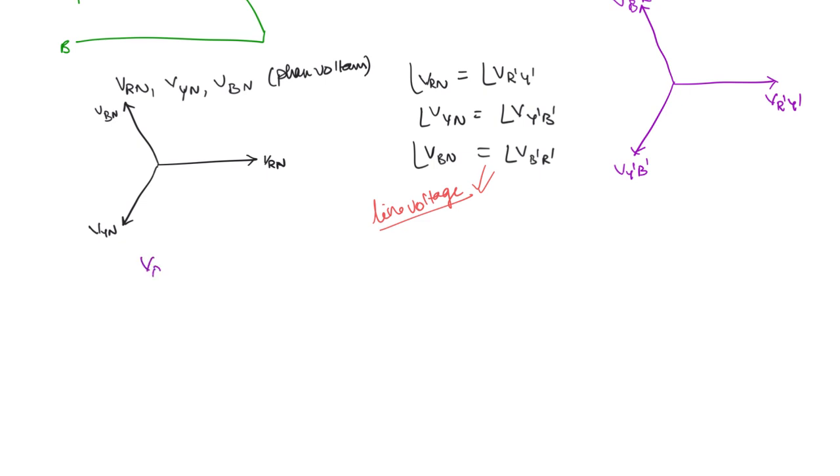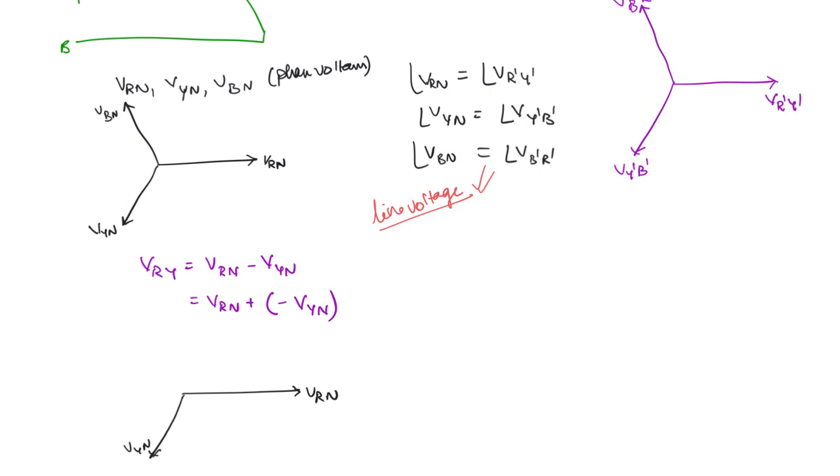So VRY is nothing but VRN minus VYN, right? So how can we write this? We can write this as the phasor addition of VRN plus the phasor minus VYN. Okay. So that means we have VRN here, VYN here.